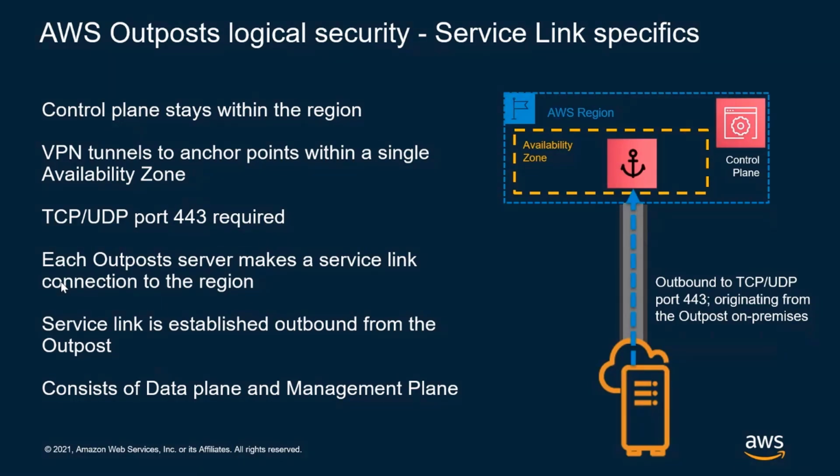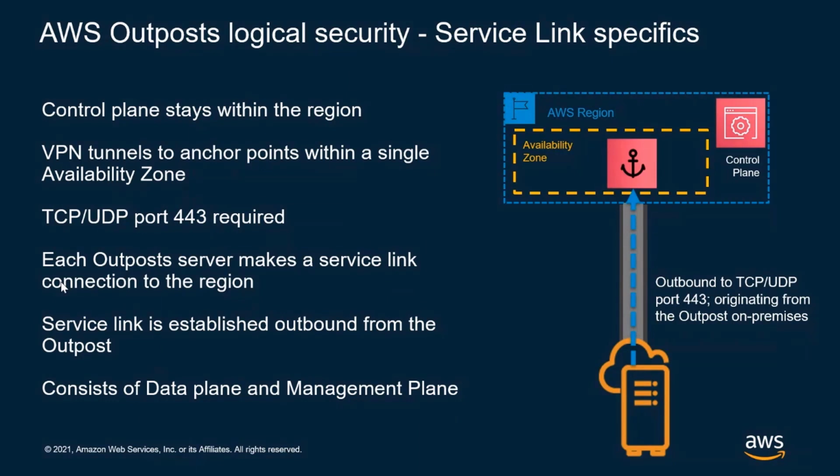You install Outpost in your physical data center where you want it. And then we establish a VPN tunnel to anchor Outpost within a single AWS availability zone in that region. We use TCP UDP port 443, which is required, so we need to make sure your network is configured appropriately.